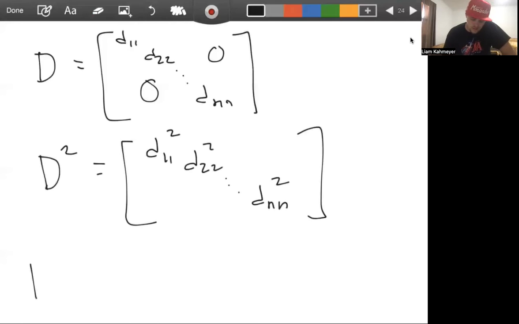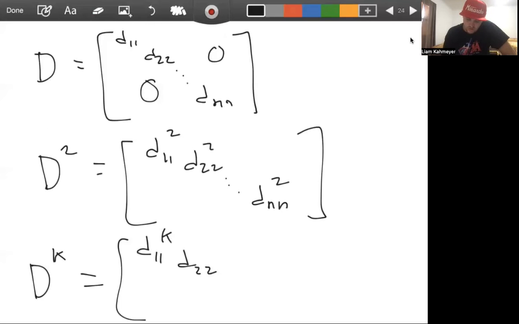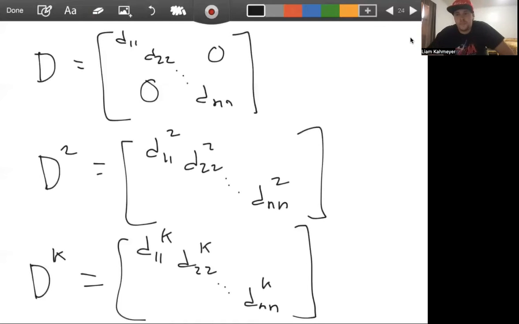This means for a diagonal matrix multiplied by itself k times, that's just raising each entry along the diagonal to that power. So this is, in fact, much simpler than literally taking a product of two matrices k times.